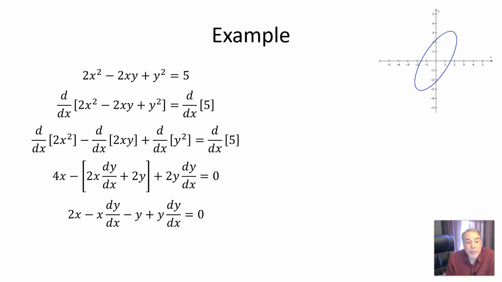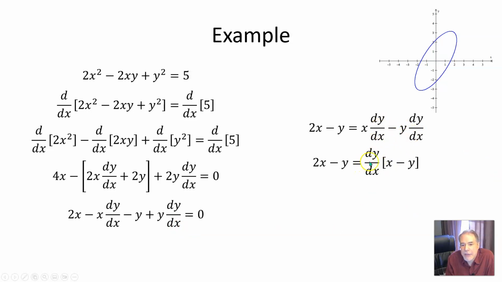Now I want to get the dy dx terms on one side of the equal sign and the non-dy dx terms on the other side. Doesn't really matter which side is which. Here I've chosen to leave the 2x minus y on the left side and then add a plus x dy dx and subtract y dy dx on the other side. Then I can factor out that dy dx that they have in common so that it's dy dx times x minus y.